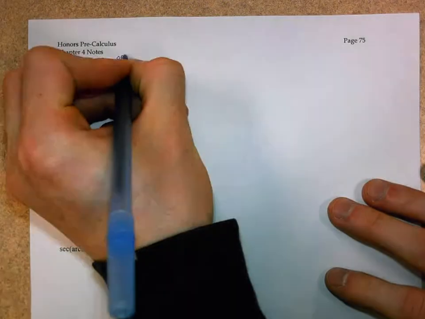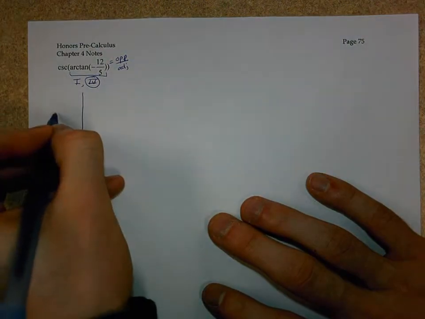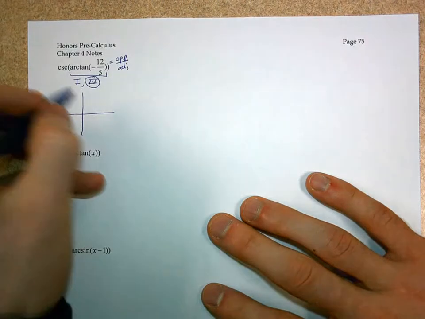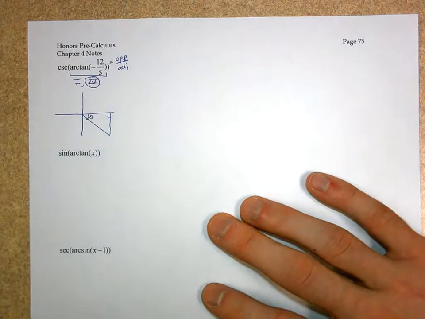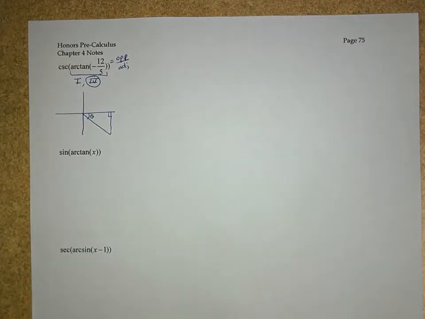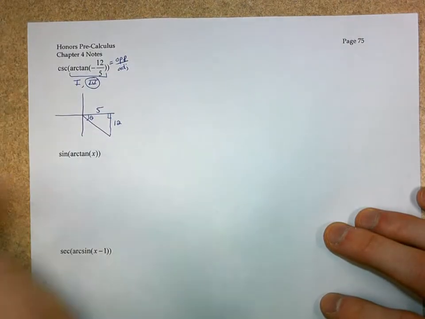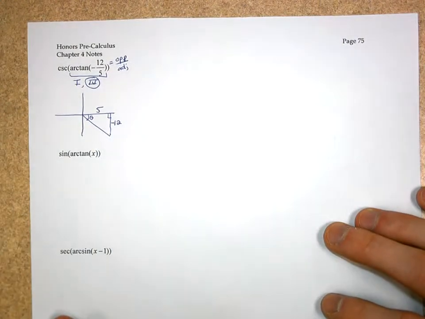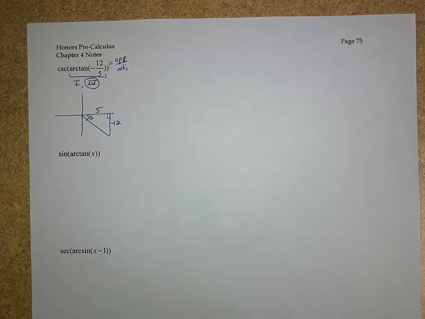We also know that arctangent is opposite over adjacent. So we'll set up our reference triangle, and this time we're putting it in the 4th quadrant. And the piece that I'm given is the opposite over the adjacent. And since we're in the 4th quadrant, the y value is what's going to be negative.